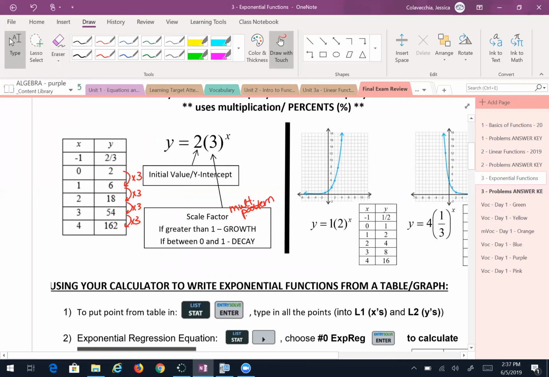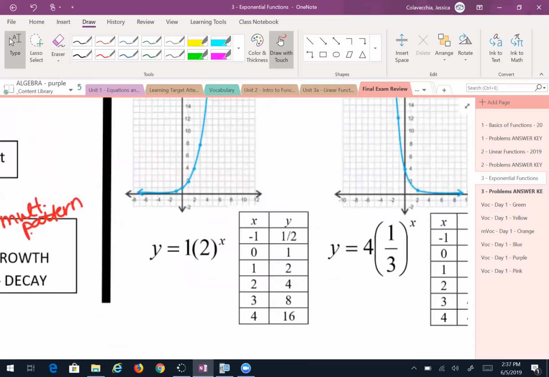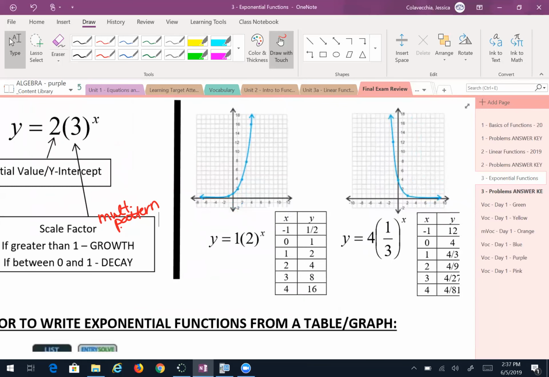All right, so let's take a look at these two examples of graphs. Same sort of situation here: y equals 1 times 2 to the x. We have the graph there and we have the table there. What's our starting value or our y-intercept? 1. We can see it on the graph and in the table, but also remember that it's the number in front of the parentheses.